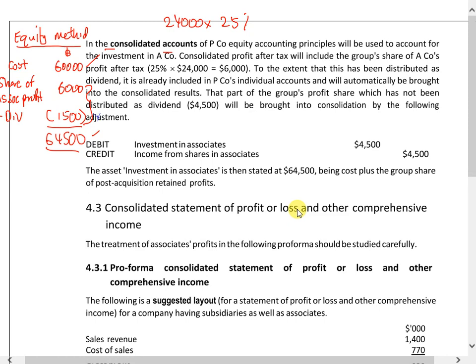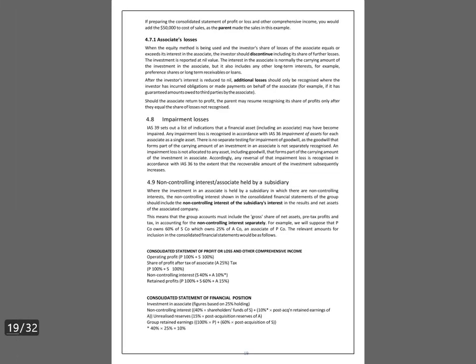So what happens is I'm going to debit my investment and credit my income. Because I make 6,000 here. Subsidiary, associate, whether they make a profit, whether they declare a dividend or not, I'm going to recognize my portion. So profit after tax. So debit investment, credit income from associate. Increase my investment, credit my income. 37. Here.